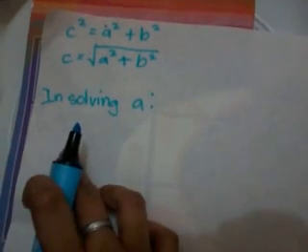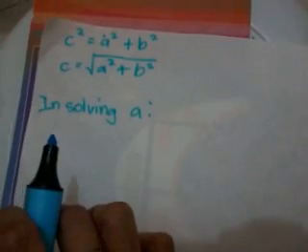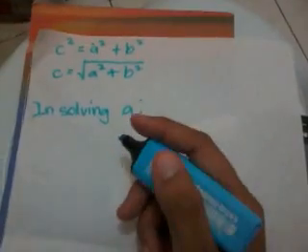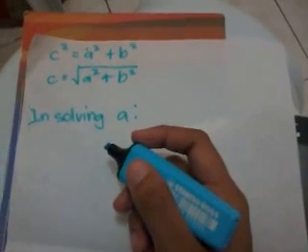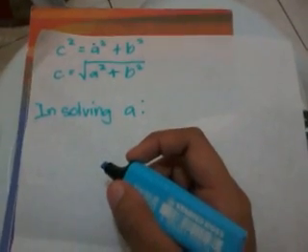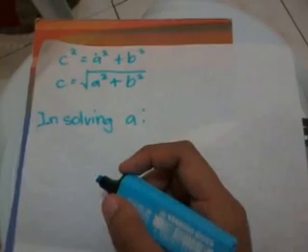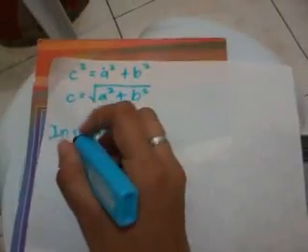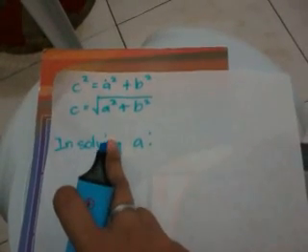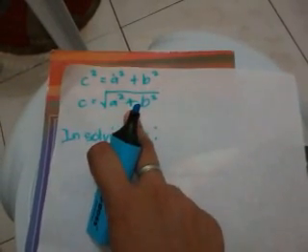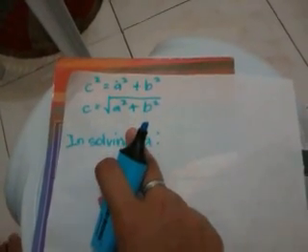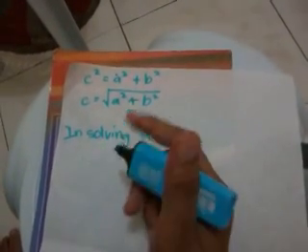So if you were going to solve for letter A, which is the altitude, or the opposite side, this is the formula you're going to use. We will derive this formula, transforming it for solving letter A, or the altitude.